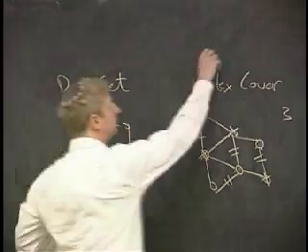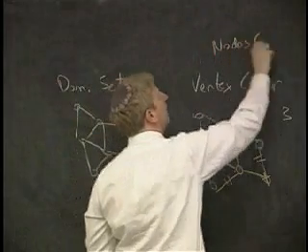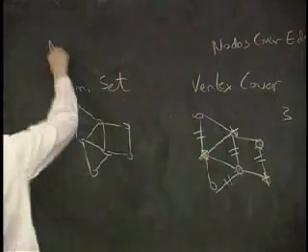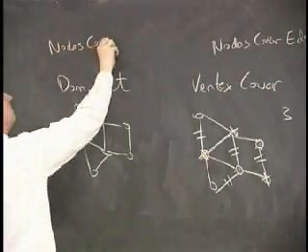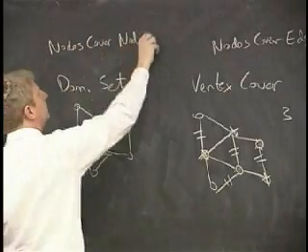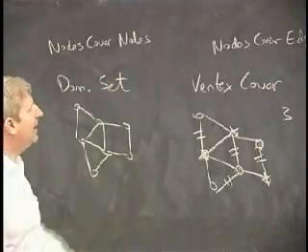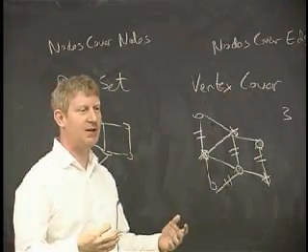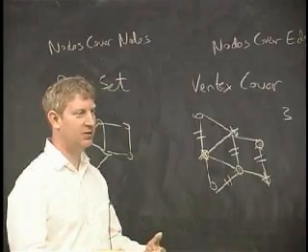So this is nodes cover edges. And this is nodes cover nodes. I hated this name vertex cover when I first saw this problem because I always thought of it as you're covering the vertices.